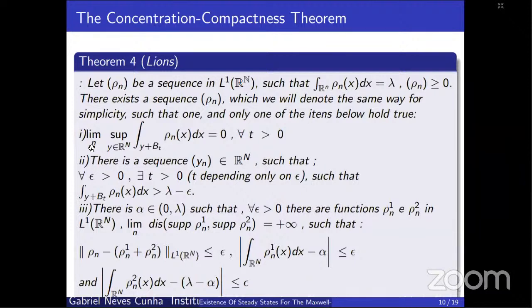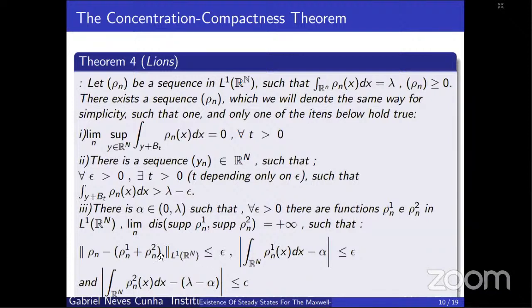The third case is called dichotomy. There is a constant such that for all positive epsilon, we can construct two functions depending on epsilon, which are in L1. Their supports become separated from each other when n is big, and these three relations hold.